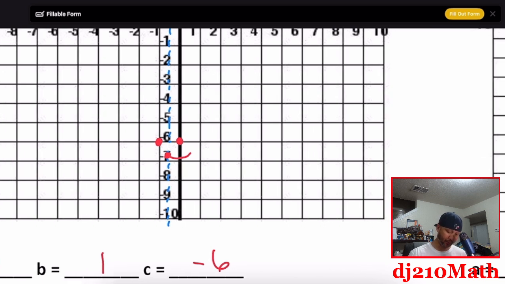So then I go up 1. So we go up 1 unit. Bam. Right here. Should be at a quarter. All right. We reflect this point across.